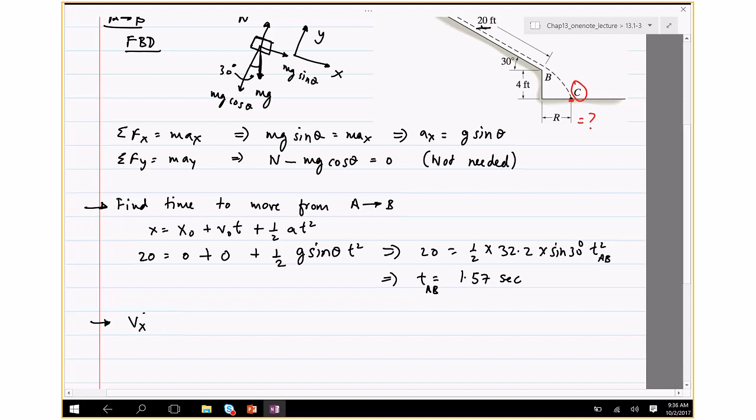There are two more formulas which I have not used. There's velocity as a function of x and velocity as a function of t. So I'm going to use velocity as a function of x, vx squared equals v0 squared plus 2a times x minus x0. Again, this is a formula you'd seen earlier, only applies when acceleration is a constant.